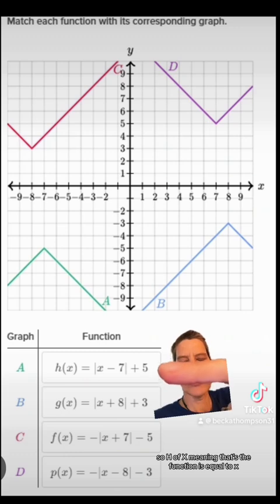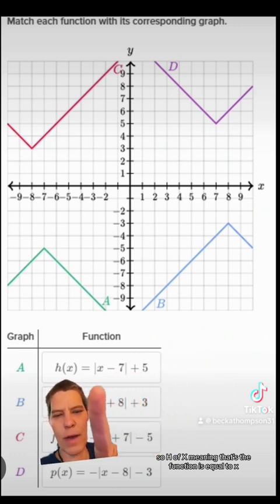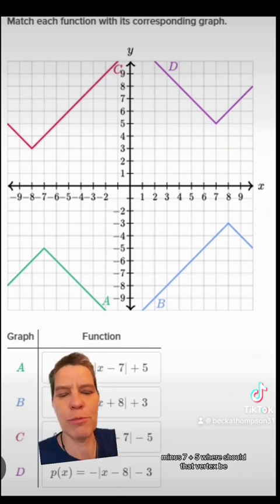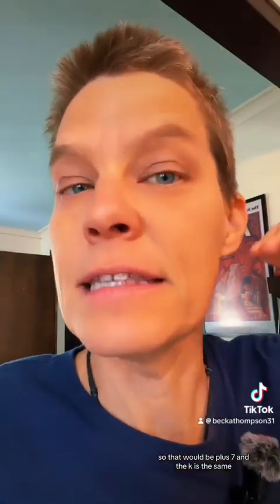So h of x, meaning that's the function, is equal to the absolute value of x minus 7, plus 5. Where should that vertex be? The x-coordinate is the opposite of what it presents, so that would be plus 7. And the k is the same, plus 5.